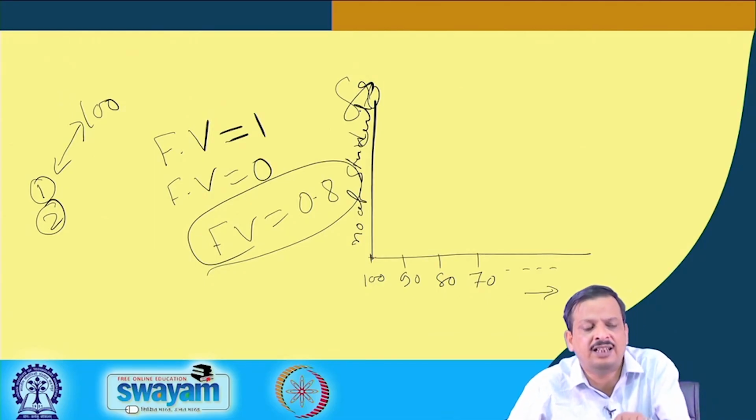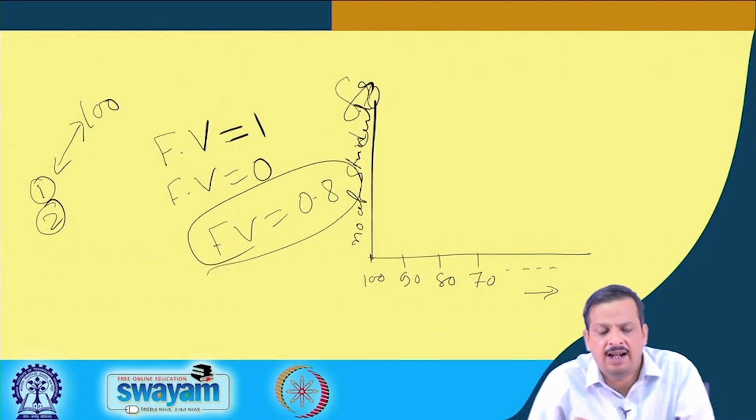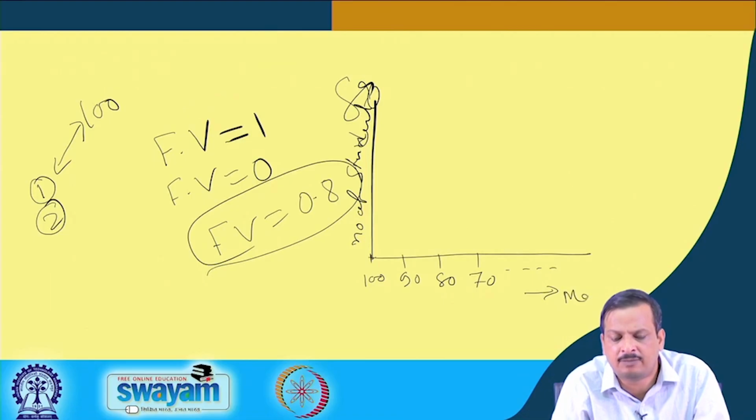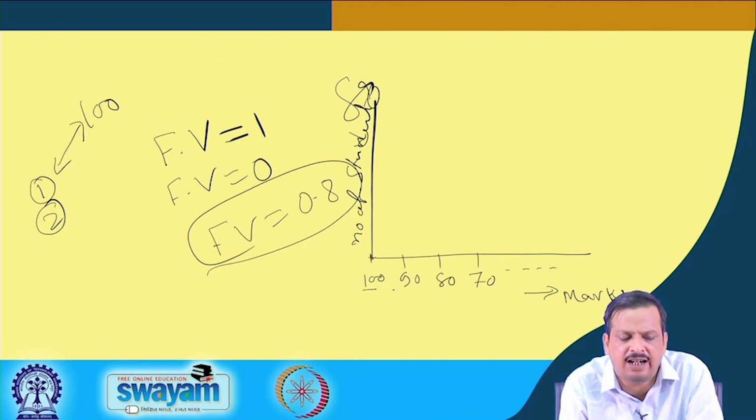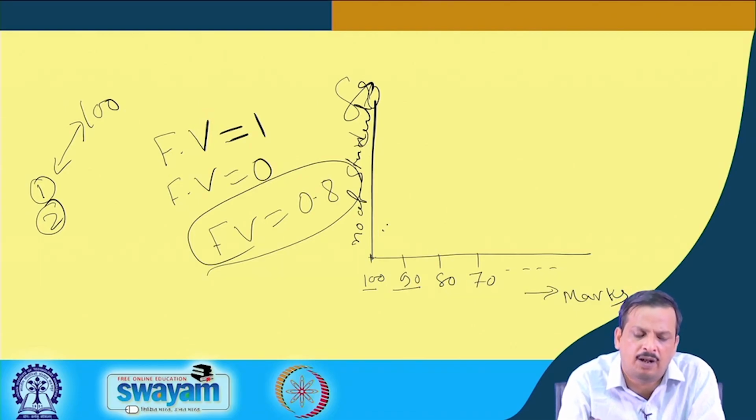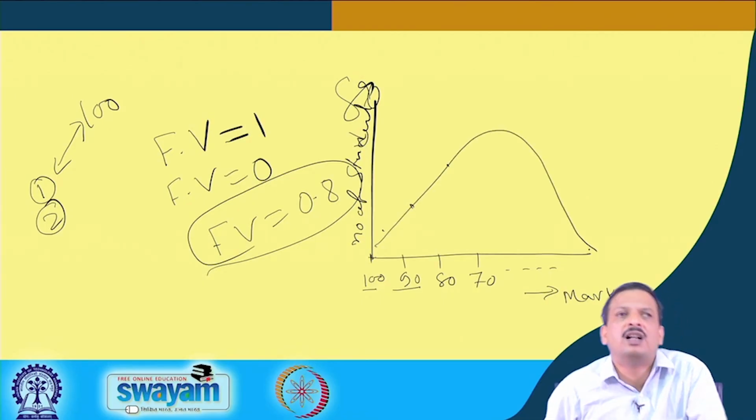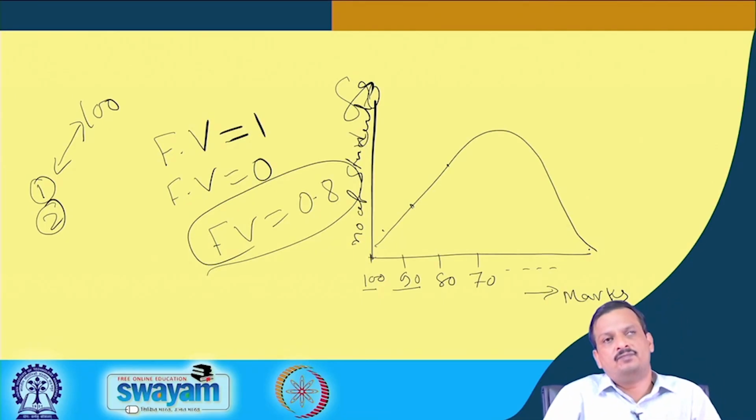So, on the y axis the number of students and on the x axis the total marks obtained by the students, and then I plot this frequency curve. The number of students who got the marks between 100 and 90, I will put one number, then I put another number, then another number. If I plot this, this will follow a Gaussian distribution.